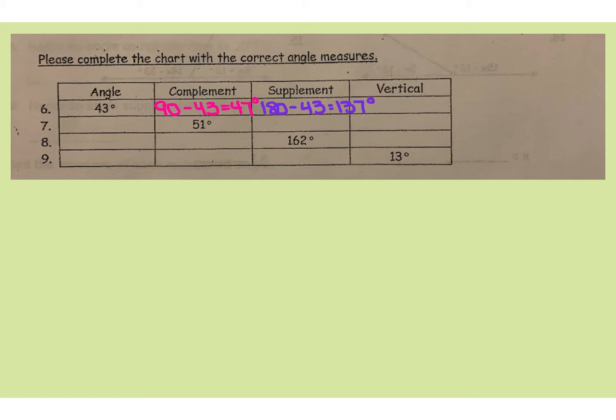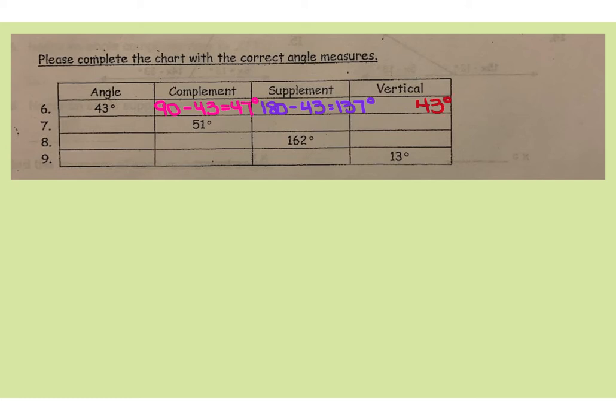How big would this angle's vertical angle be? If you can't remember, go back to question number 1. Vertical angles are blank. What would the vertical angle to this angle measure? 43. Vertical angles are congruent.